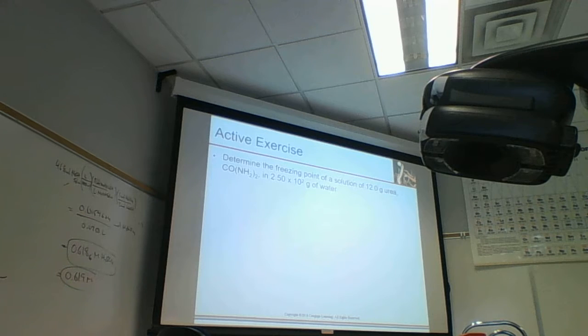You can just plug those in and get the molality. It comes out to 0.200 moles divided by 0.250 kilograms. I skipped this setup here and just converted it straight, which gives us 0.800 molal urea.